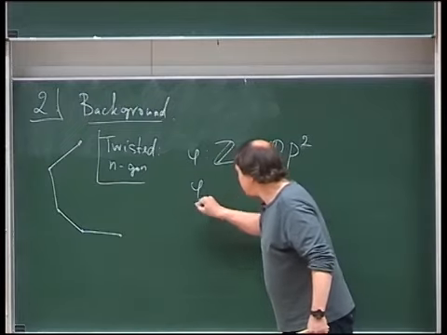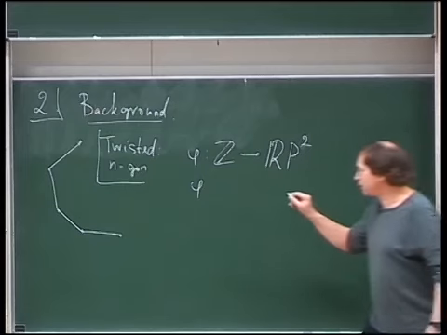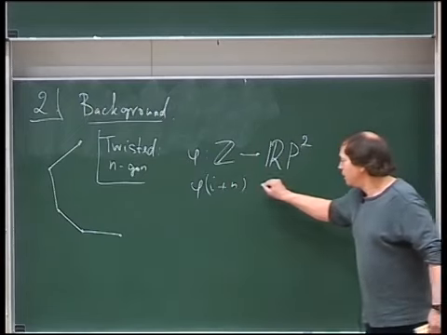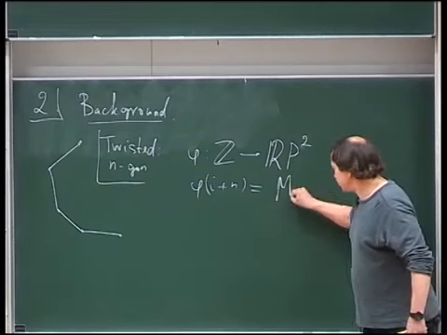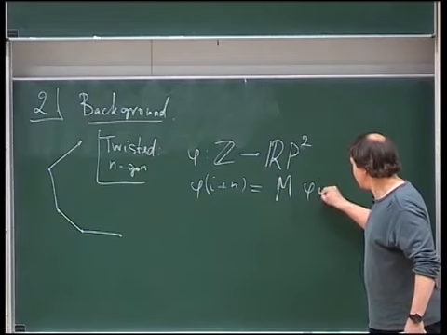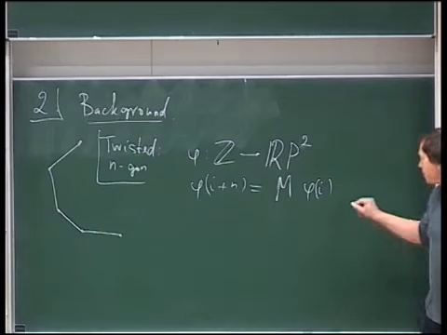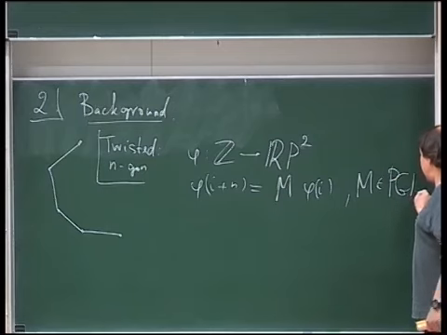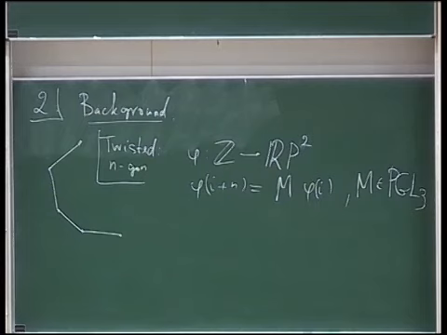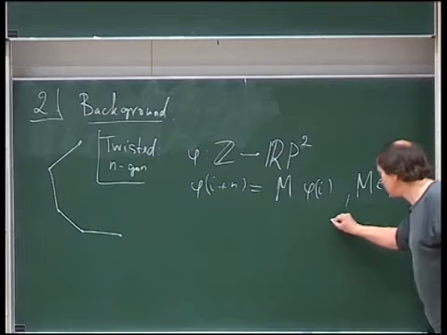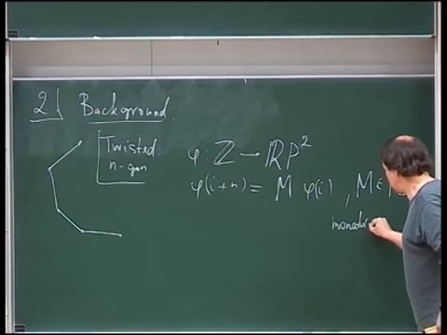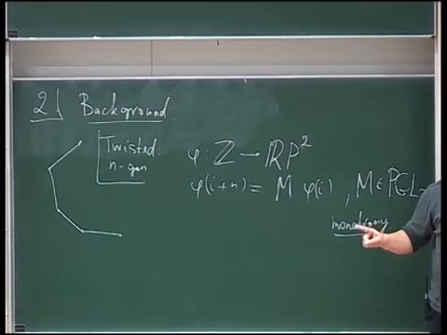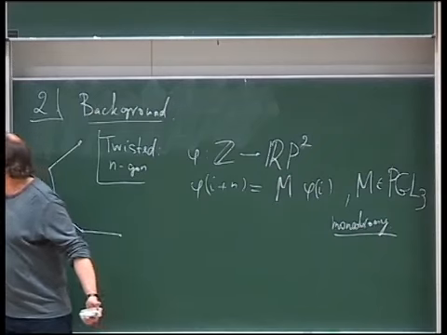First of all, it is almost periodic. So for every i, phi(i+n) equals M phi(i), where M is a fixed element of PGL3 called the monodromy. For instance, if M is the identity, then we get a closed n-gon.